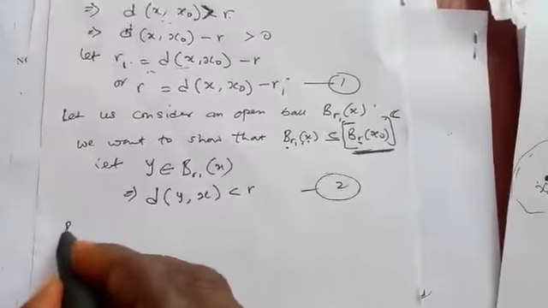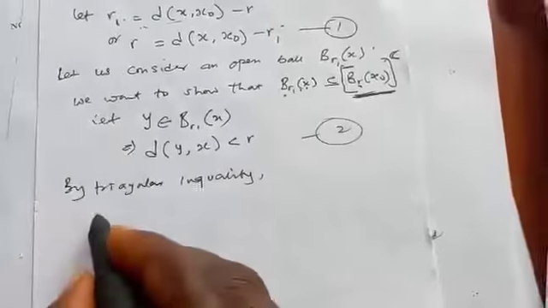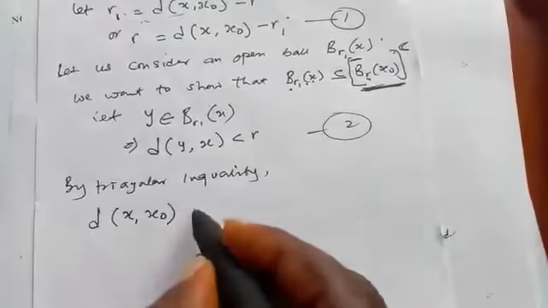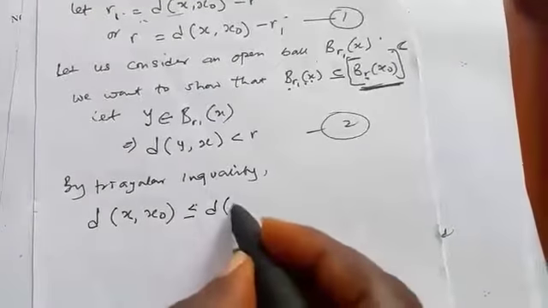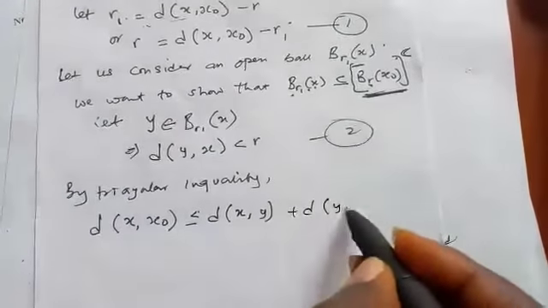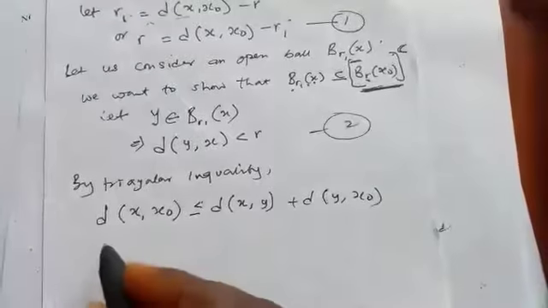By the triangular inequality, we have that d of s comma s naught is less than or equal to d of s comma y plus d of y comma s naught.